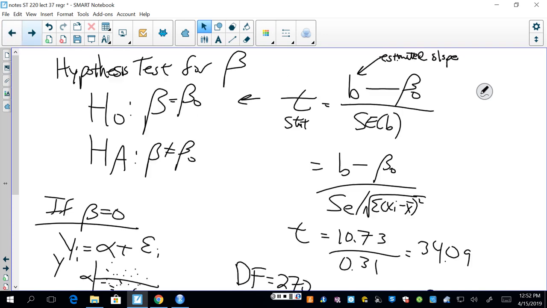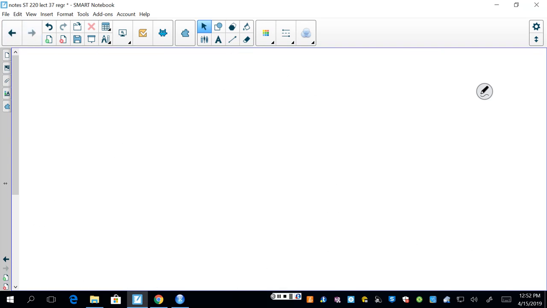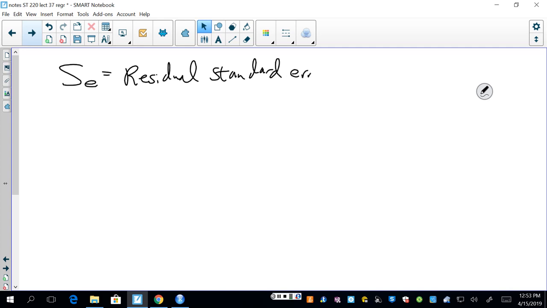The other thing you can look at is this S sub E. What is it called? On the R output, there is a line called residual standard error. It's kind of a standard deviation, really.